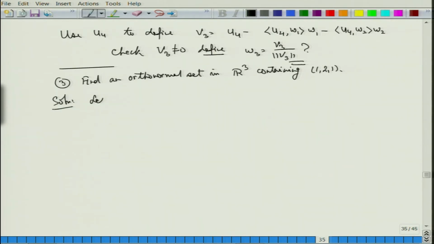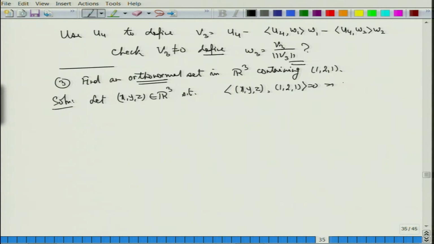Let (x, y, z) belong to R3 such that the inner product of (x, y, z) with (1,2,1) is 0. I want an orthonormal set, so I want everything perpendicular to each other. So it has to be perpendicular to (1,2,1) also. I am looking at that condition.